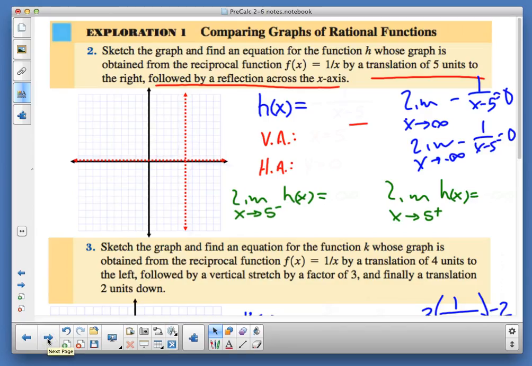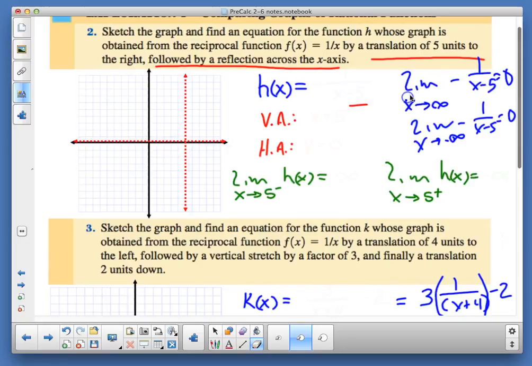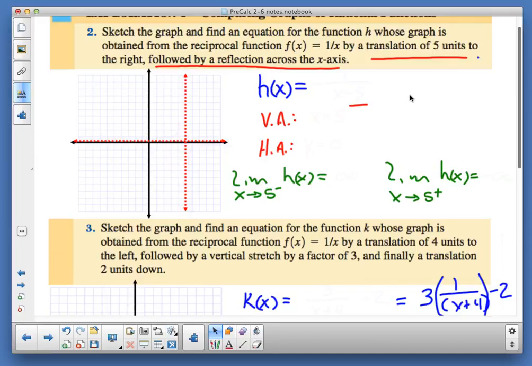Now, I want to sketch this graph and find an equation for the function h. I've got h of x. We're taking f of x and changing it based on the information provided.